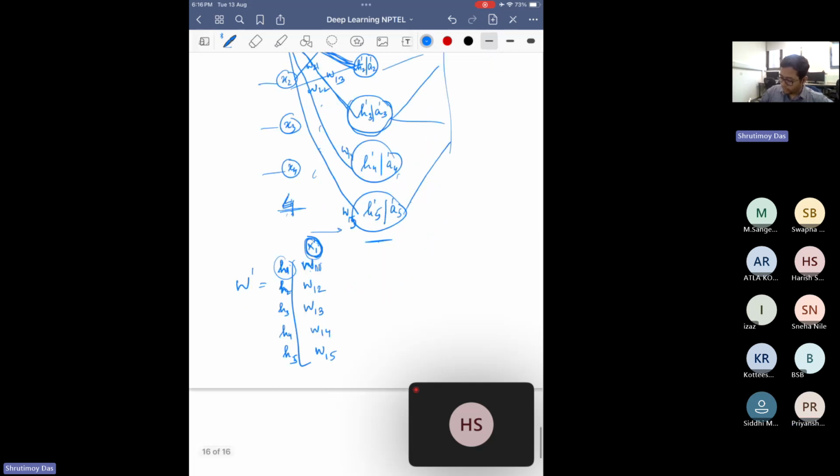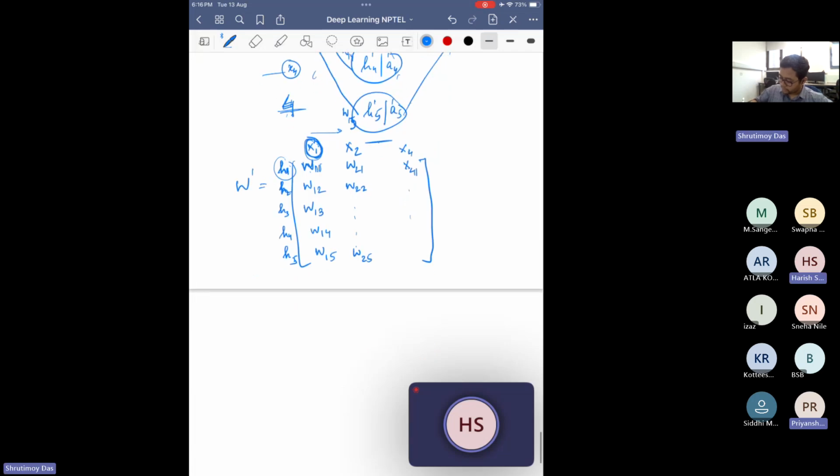This is W11. Similarly for the second input dimension, we will have W21, W22, and so on, and W23. Finally, we have the fourth input dimension, with W41 up to W45.